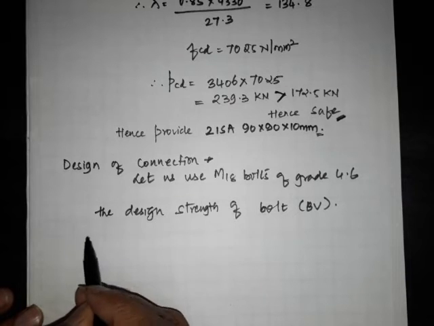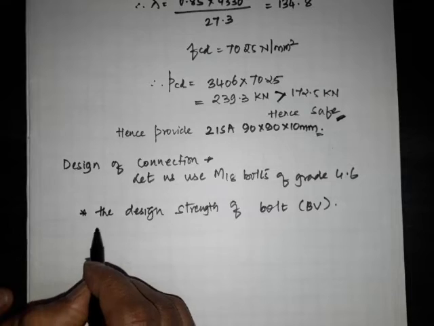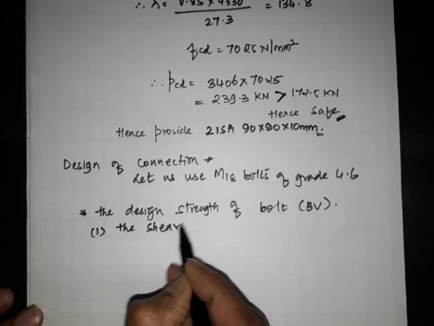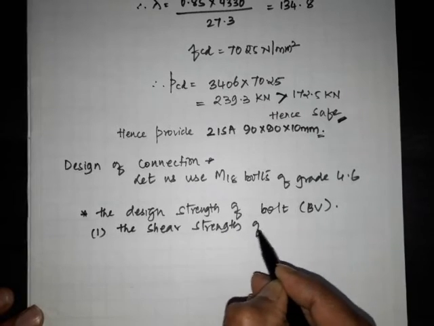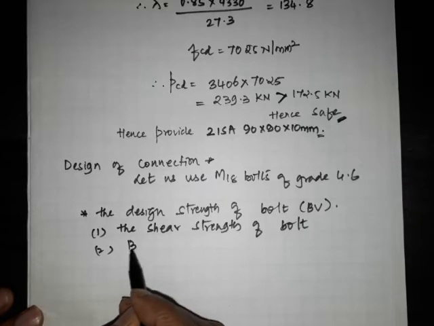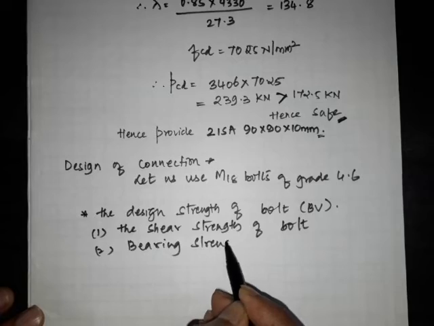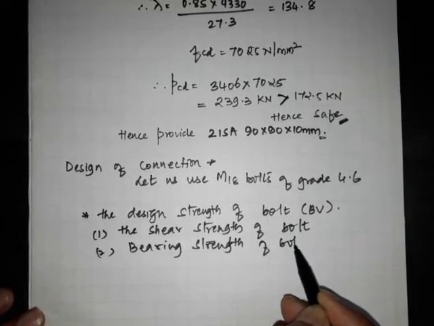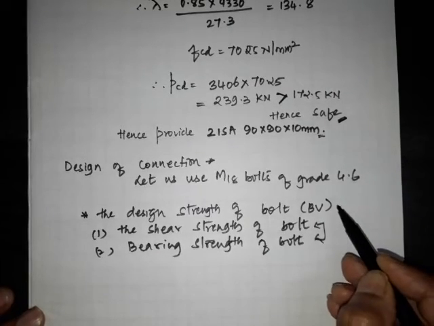First of all, the shear strength of bolt and the bearing strength of bolt. From these two we find the bolt value.